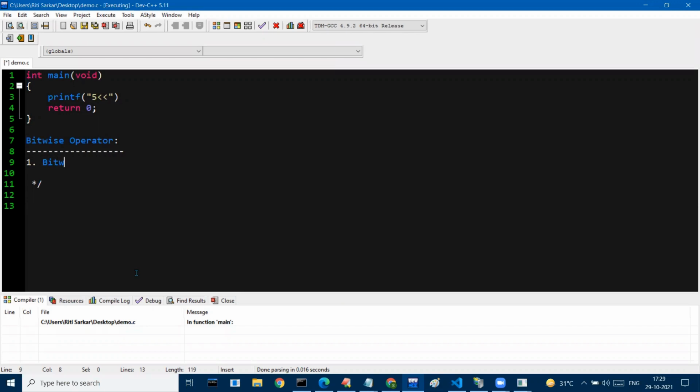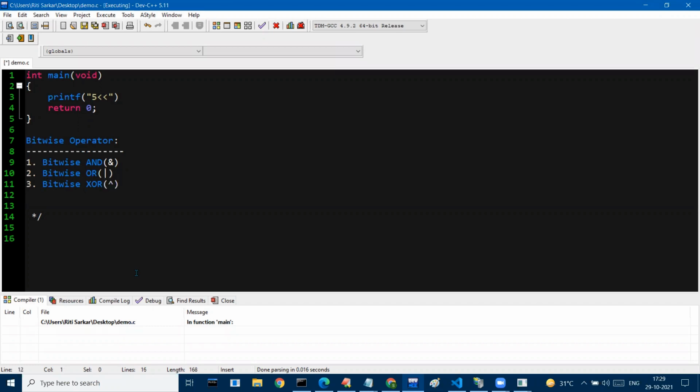Number one, bitwise AND, symbolically one ampersand. Next, bitwise OR, symbolically this. Next, bitwise XOR. Bitwise OR is like this, and bitwise XOR is like this.